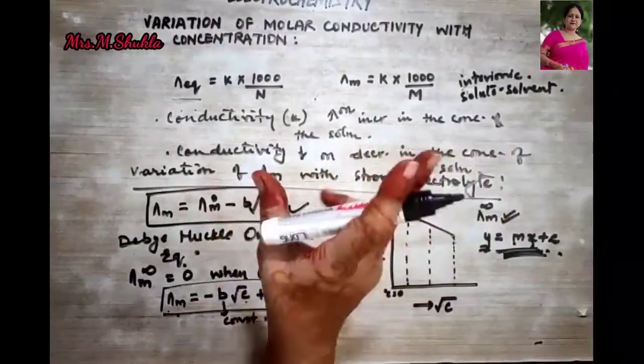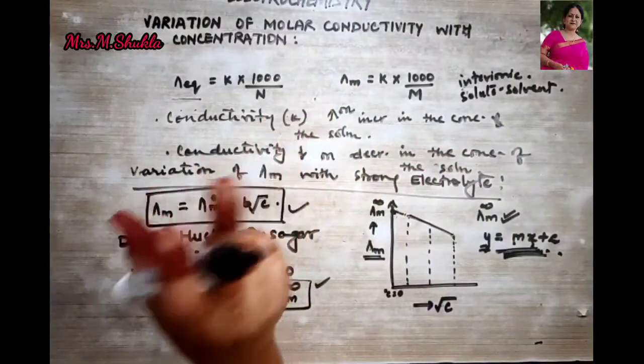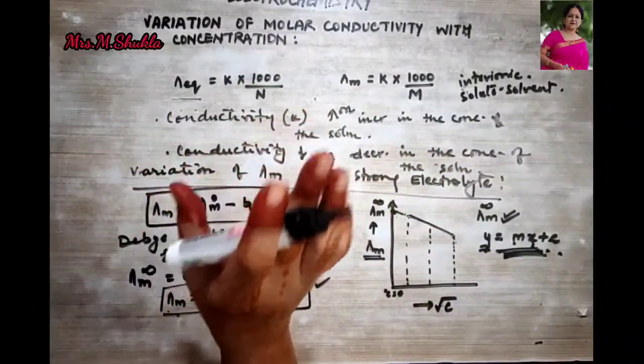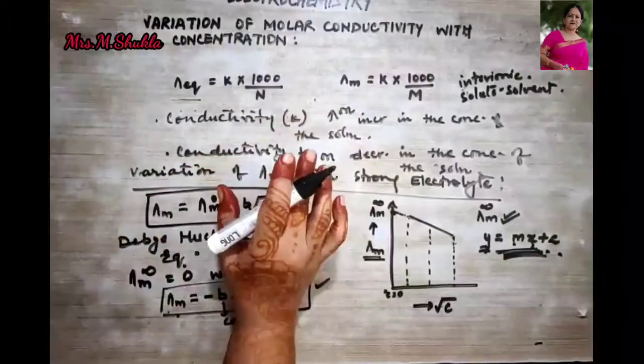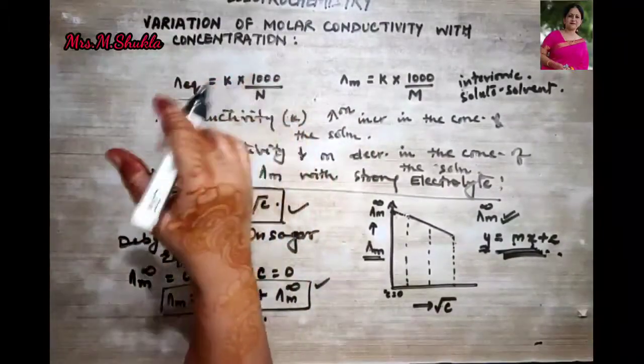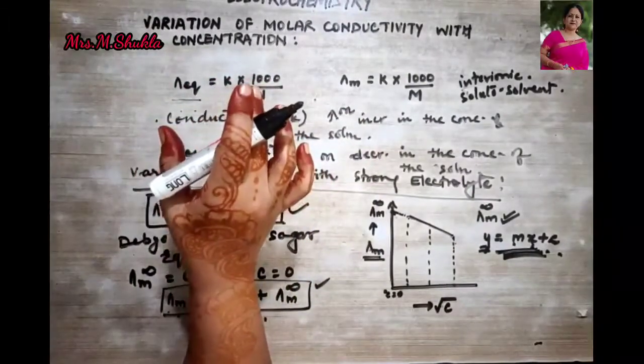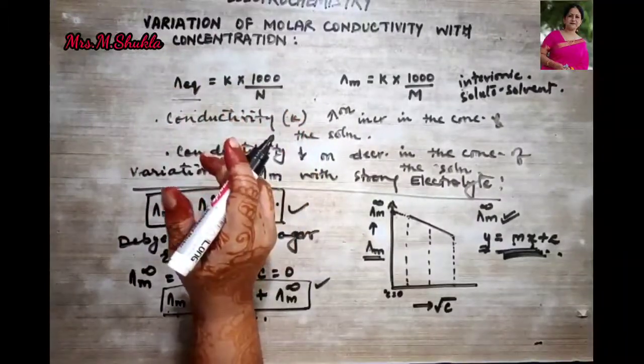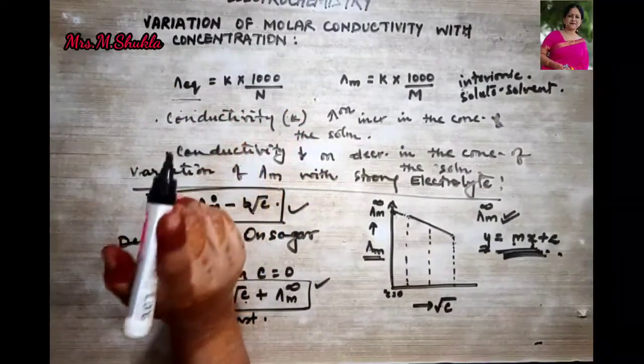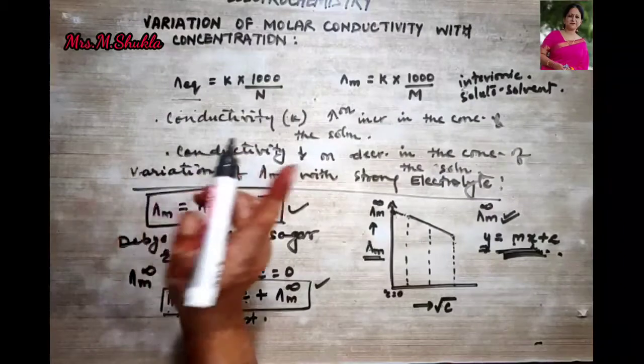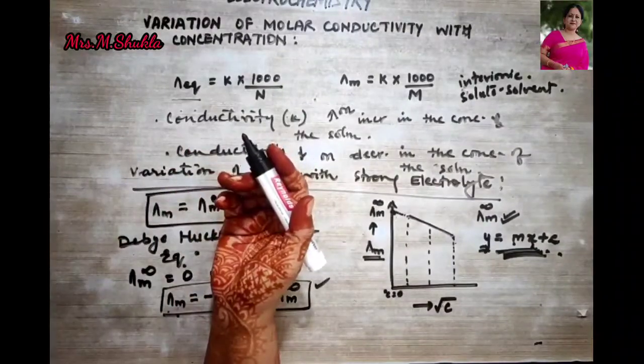Now, in a concentrated solution, the interionic separation is too small. So an ion is surrounded by a large number of oppositely charged ions, and therefore the cation-anion attraction is also large.